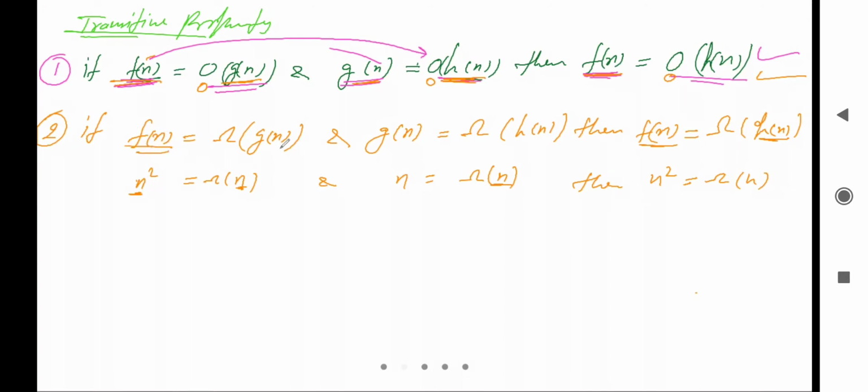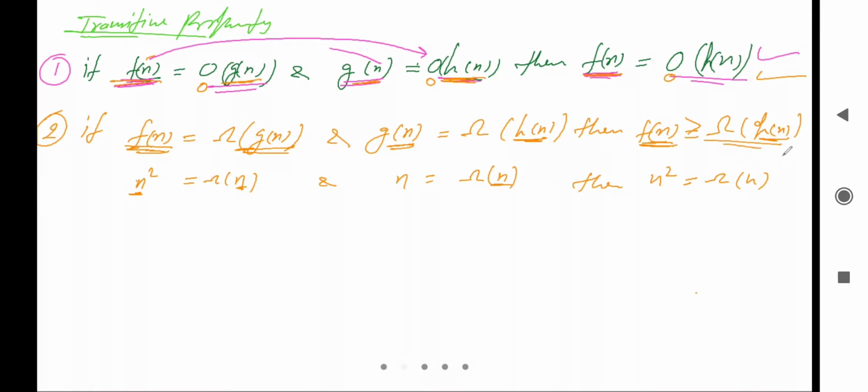रहेगा, है ना, बिकॉज ग्रेटर या इक्वल रहेगा, सो इट इज ग्रेटर और इक्वल देन जी ऑफ एन, और यहाँ पे जी ऑफ एन क्या है, दैट इज ग्रेटर और इक्वल टू एच ऑफ एन, राइट, ये एच ऑफ एन से होगा, तो इसका मतलब यहाँ पे एफ ऑफ एन क्या है, सबसे ग्रेटर है ना, जी ऑफ एन से भी ग्रेटर है, एच ऑफ एन से भी ग्रेटर है, या उसके इक्वल भी है, राइट. तो उस केस में एफ ऑफ एन ही ग्रेटर या इक्वल रहेगा, तो क्या सेटिस्फाई करेगा, it will satisfy the omega condition.